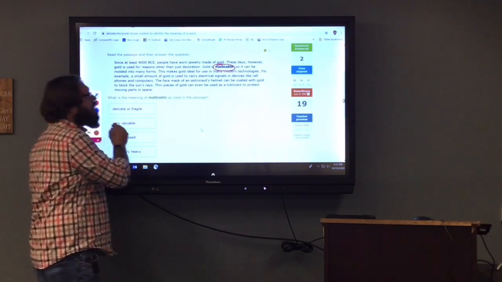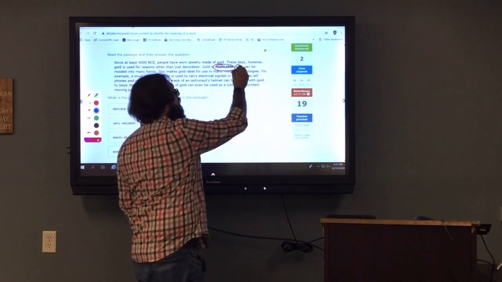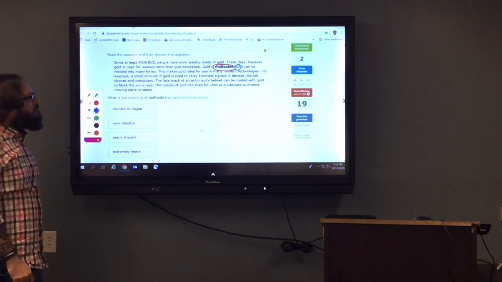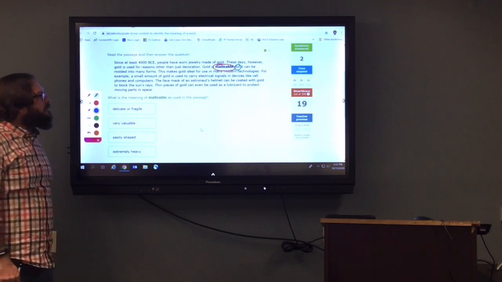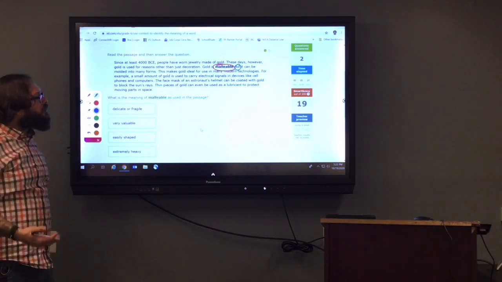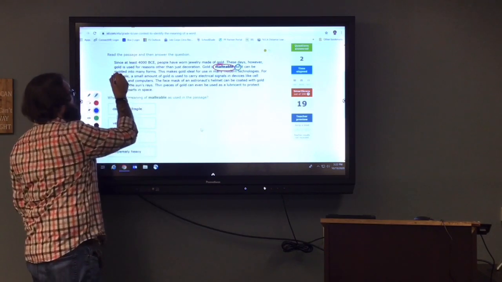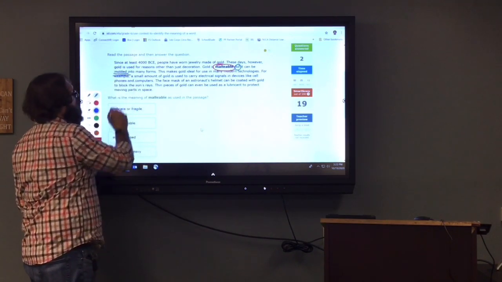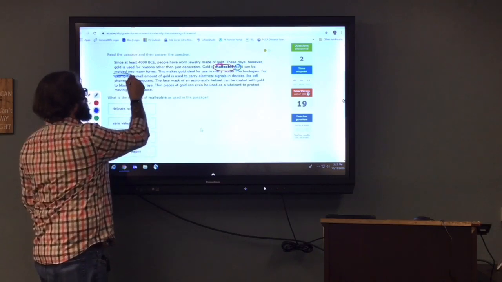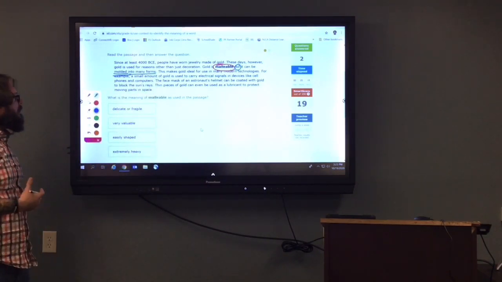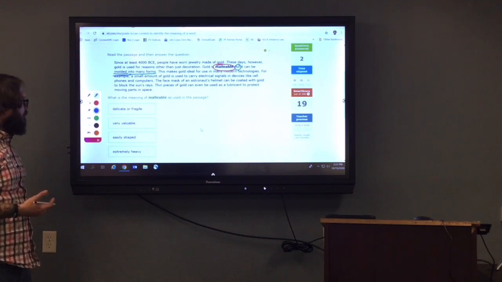That word "so" is explaining the meaning of malleable. It's providing us with a definition. So it can be molded into many forms. So if something is malleable, that means that it can be molded.